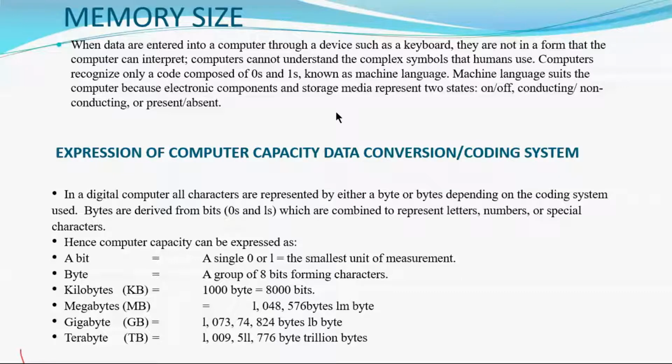Now, when we store this information, it has to be stored in a way that the computer can convert it from the characters we're seeing to what it can store, okay? Now, when we talk about the memory size, we're actually dealing with how the computer analyzes how big this data is.